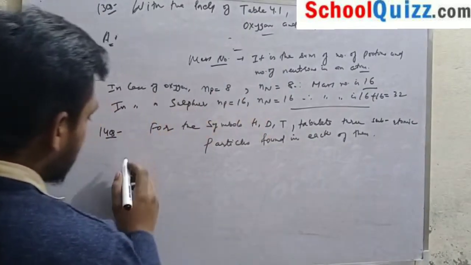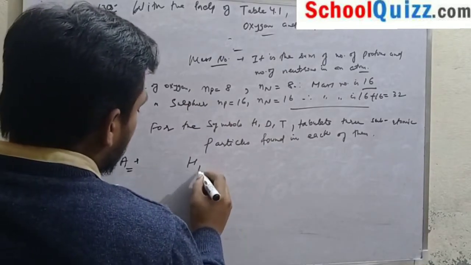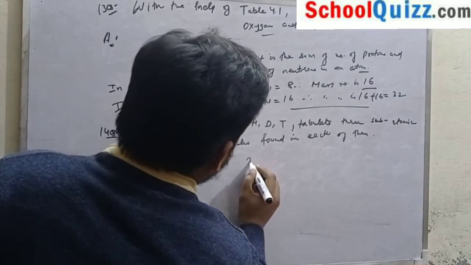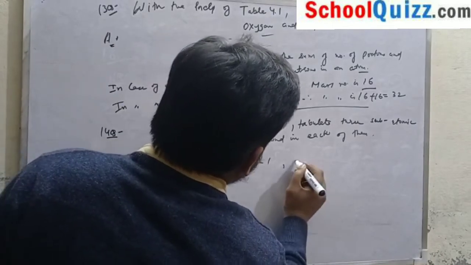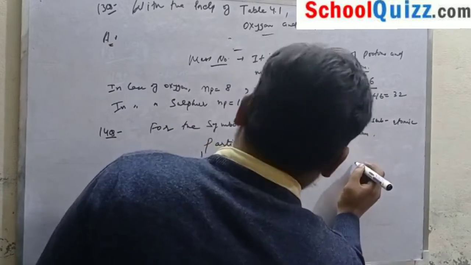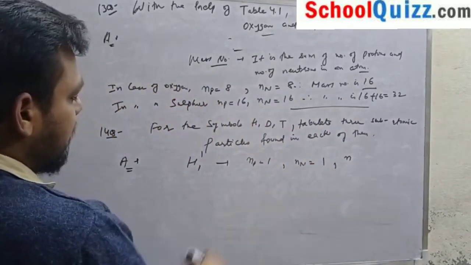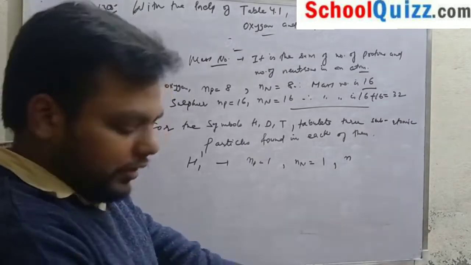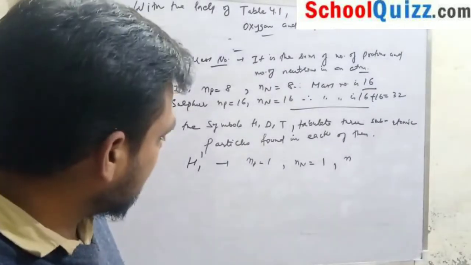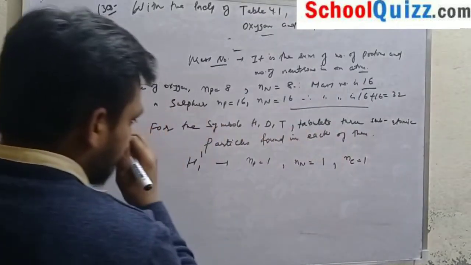Okay, so we will discuss. For hydrogen, 1H1, the number of protons is 1, the number of neutrons is 0, and the number of electrons is also 1.